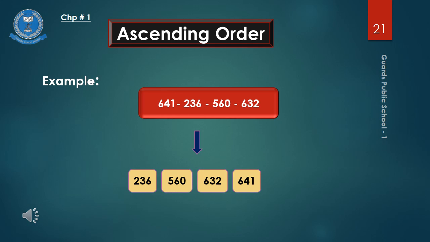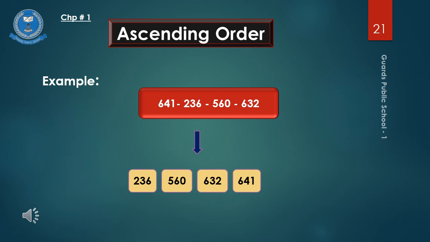Now, did you notice something? There are two numbers left, 641 and 632, and both hundreds numbers are the same. That is 6. If the hundreds numbers are the same, we will see the tens number.